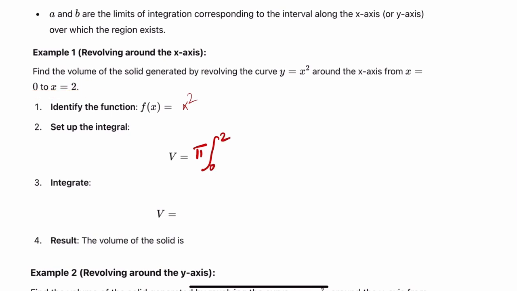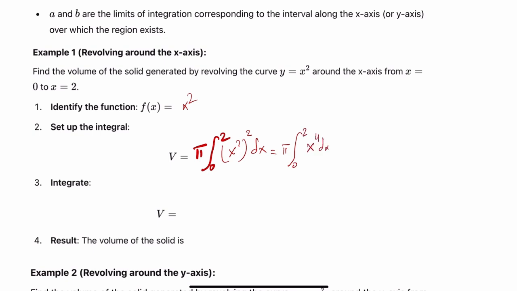Of x squared, we need to square it, and dx, which is equal to pi times the integral from 0 to 2 of x to the 4 dx.